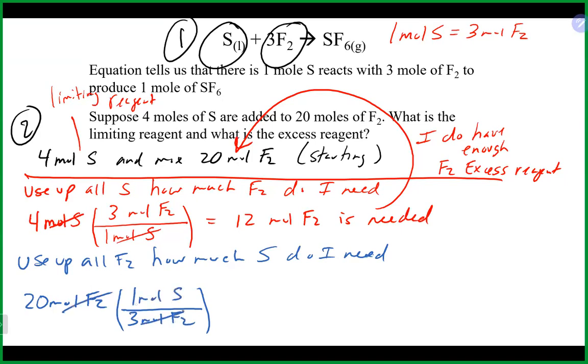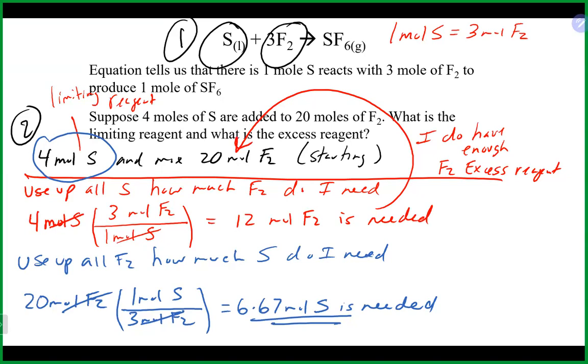The moles of fluorine cancel, so we're going to take 20 divided by 3. Gets me 6.67 moles of sulfur is needed. So now when I go to compare how many moles of sulfur I need to the moles of sulfur I'm starting with, do I have enough in this case? I do not. So it tells me the same thing. It tells me again, sulfur is my limiting reagent, and by default, fluorine would be my excess.